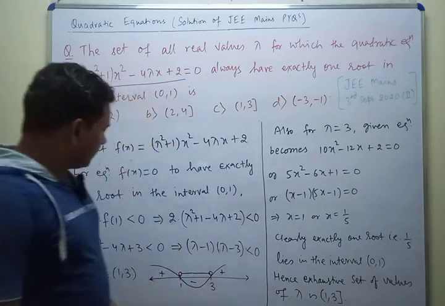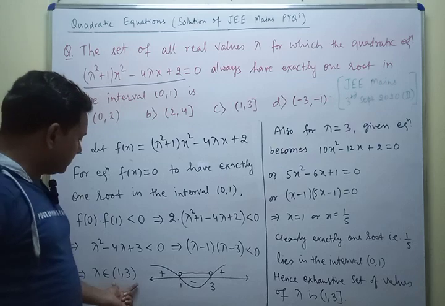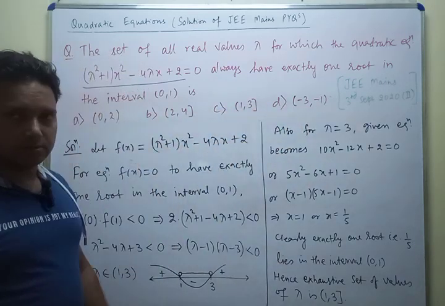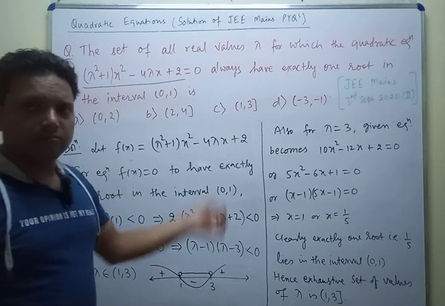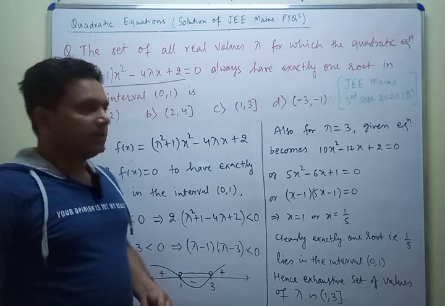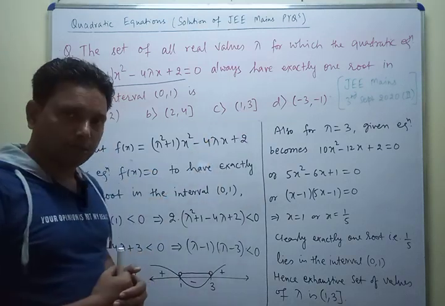So normally what happens, when we get exactly this option from these four options, 1 to 3, then we'll mark that answer and then move ahead. But since no option is matching here, we have one compulsion to check for lambda equals 3.